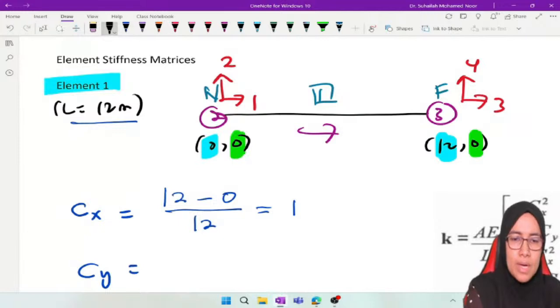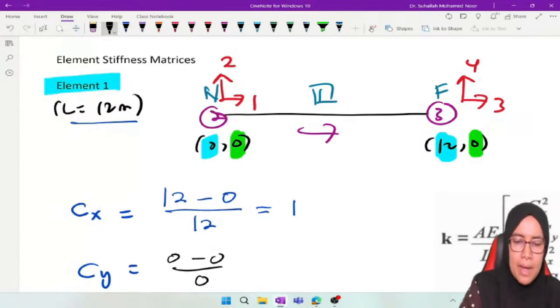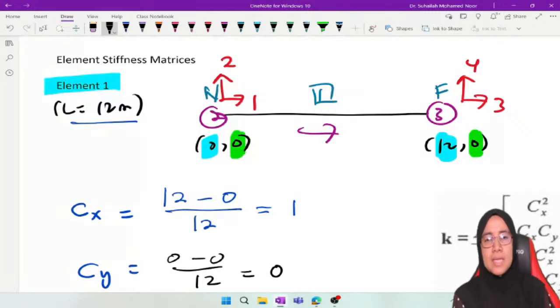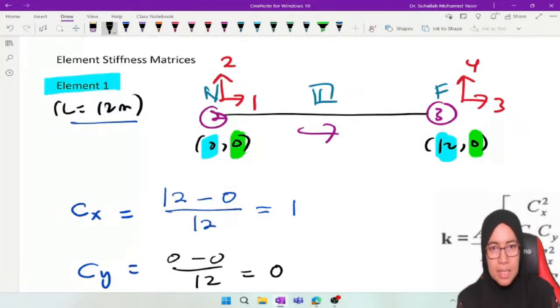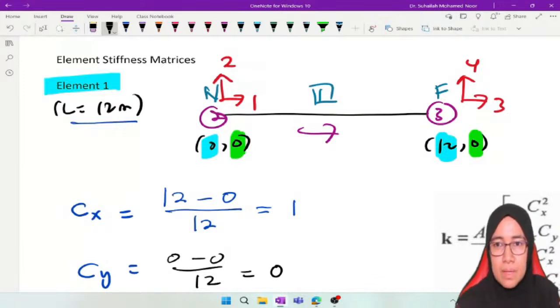So this one is 0 minus 0 divided by length 12. So this is 0. Cx and Cy for element number 1, we get like this. Understand, yeah?